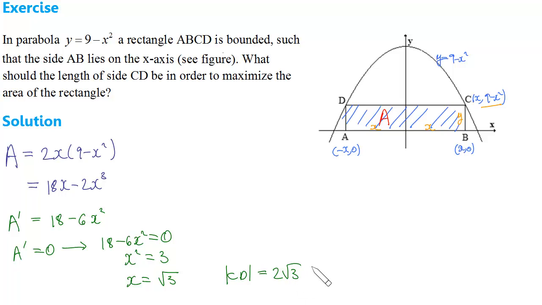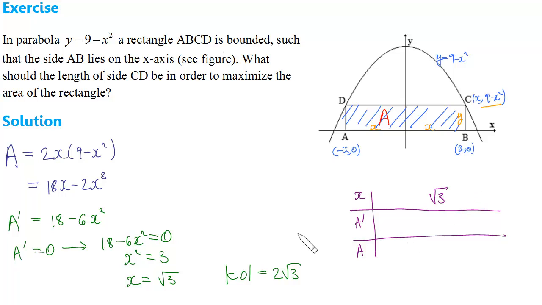Now, all that remains to show is that we really do have a maximum here, and this we usually do with a table of increasing, decreasing. So let's make a little table. In the table I put x, A prime, and A. Here I put a list of my suspects, and I only have one in this case, and that is the square root of 3, at which point A prime is equal to 0.